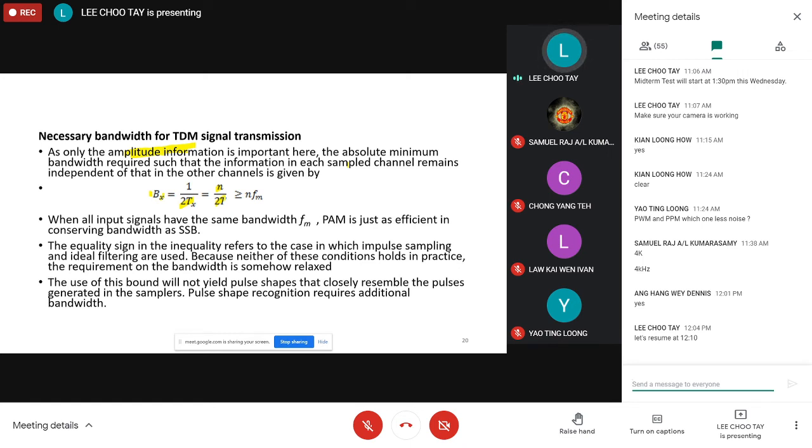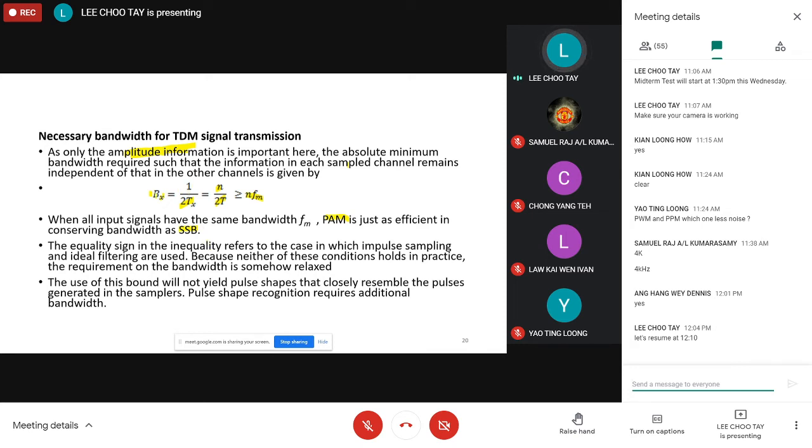And this has to be much larger than, or at least, N fm. And what is fm? fm, again, is the highest frequency in your modulating signal. With this equation, you can see that transmitting a PAM signal is very similar to the bandwidth required for single sideband AM.